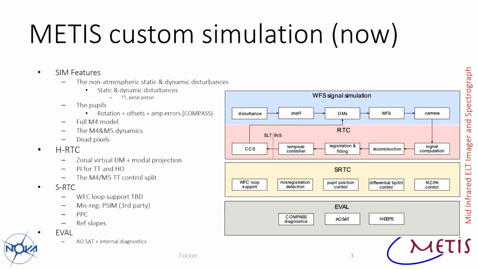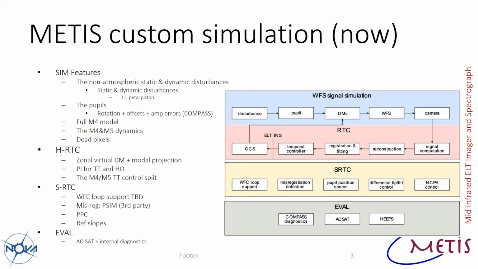So here is the simulation setup. You can see it's pretty complete for now. Most of the things in the top two boxes, blue and red, are implemented in the Compass AO simulation system. We have essentially everything: the signal, the disturbance, which is atmospheric but can also be static, and we can deliberately introduce petal piston here.